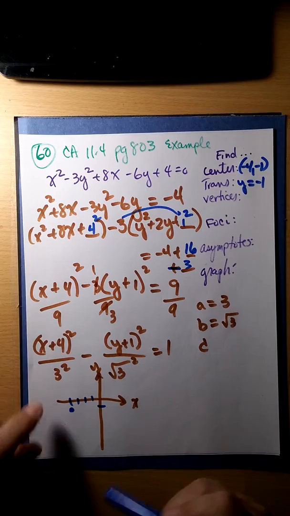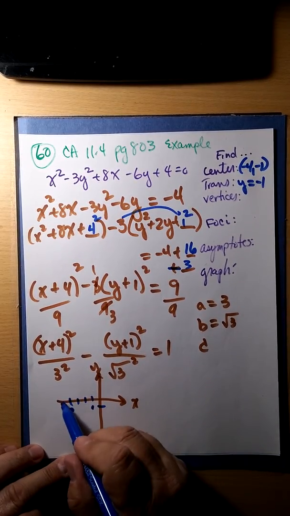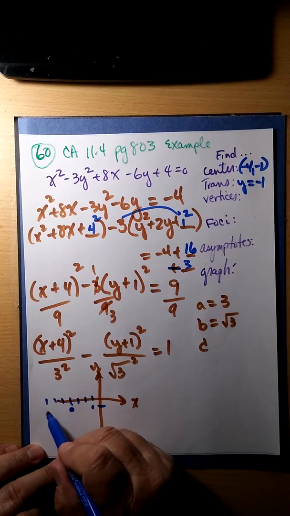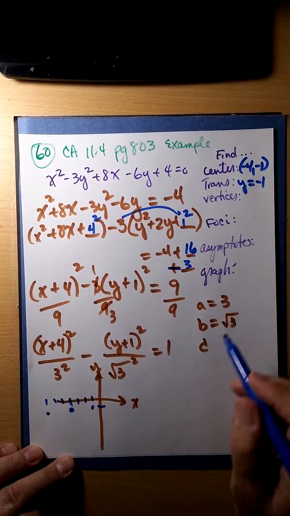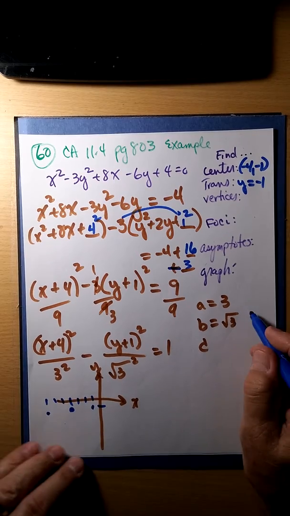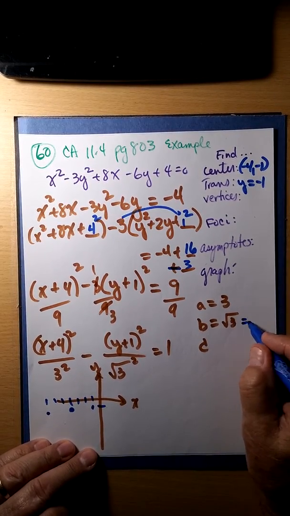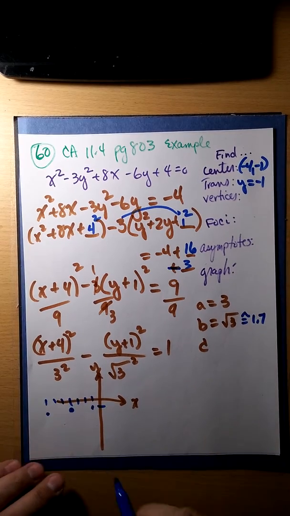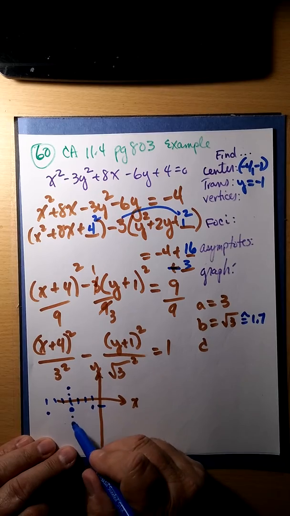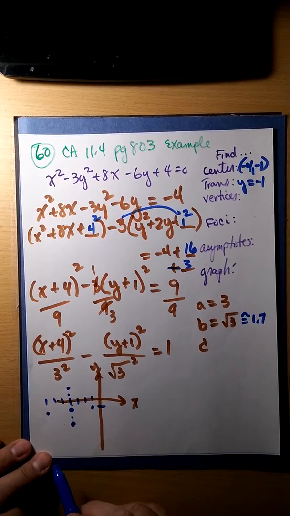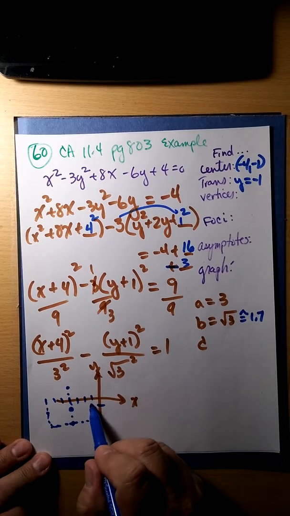Let's see, we measure right and left with a. So 1, 2, 3, and 1, 2, 3. And that's where the vertices are because it opens right and left. Measure up and down with the square root of 3, which is like 1.7, plus a little. So up almost 2, and down almost 2. We put in our dashed lines for the rectangle.